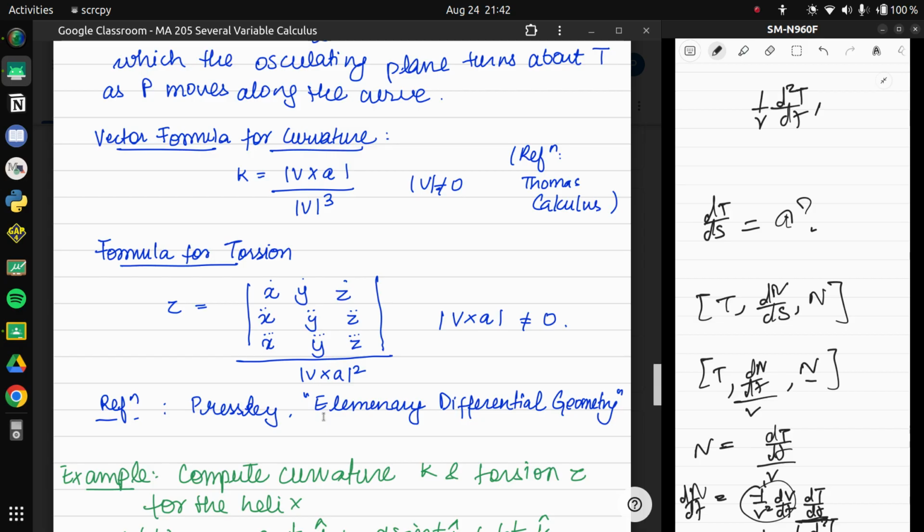Okay, n is just dt by dt, and this thing is just t. That's the thing. Okay, now what is t? T is dr by dt upon, well, the magnitude of that, right? It's just 1 upon the velocity. This is so messed up.